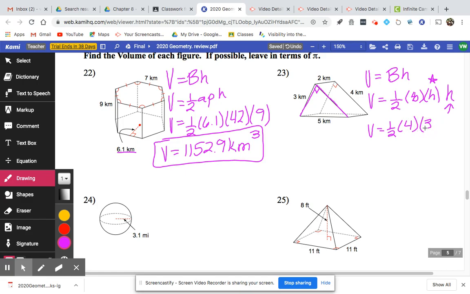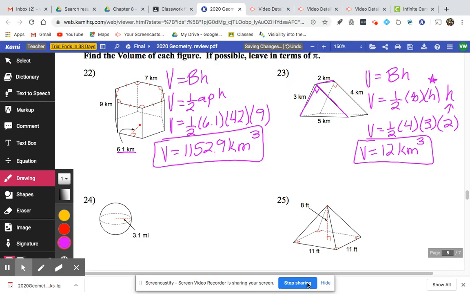That's 3. Now we need to find the height of the prism, which is this guy here, which is 2. Multiply all those numbers together, and you get 12 kilometers cubed. And there you go. If you have questions on that one, please let me know.